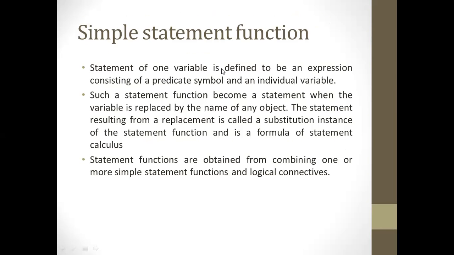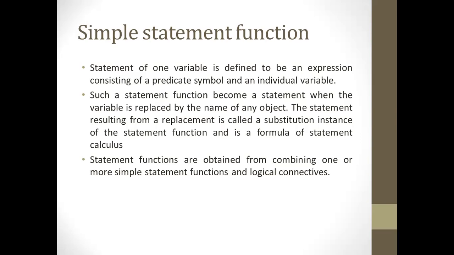A statement of one variable is defined to be an expression consisting of a predicate symbol and an individual variable. मतलब एक statement जो होती है, simple statement function, how do you write it? You write it using the predicate symbol that is in capital letter, followed by, within brackets, a small case variable, a single individual variable. एक variable है तो एक ही variable, like H within bracket small x bracket close, या फिर H within bracket x को replace किया small b से.